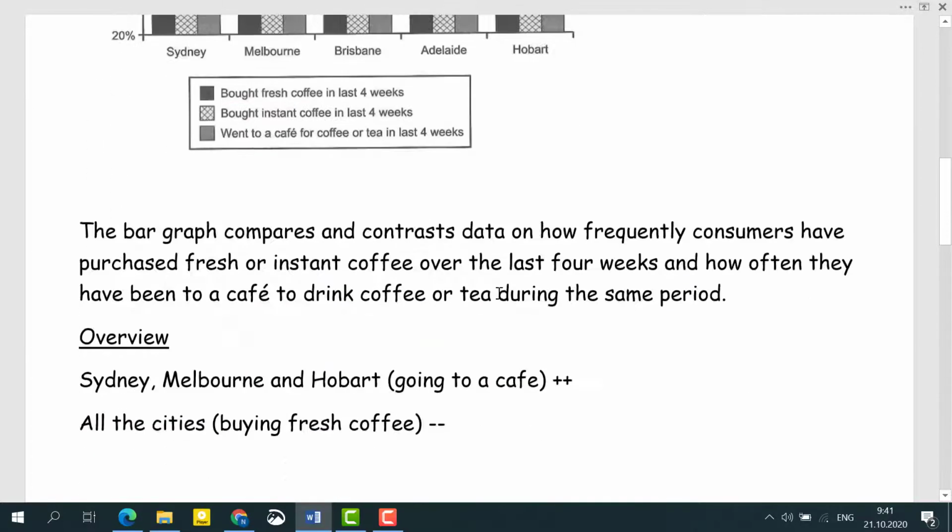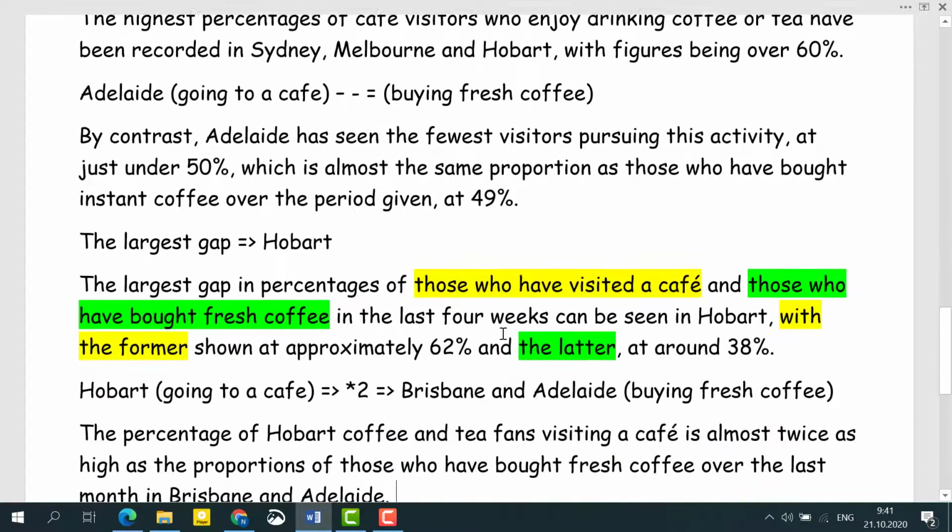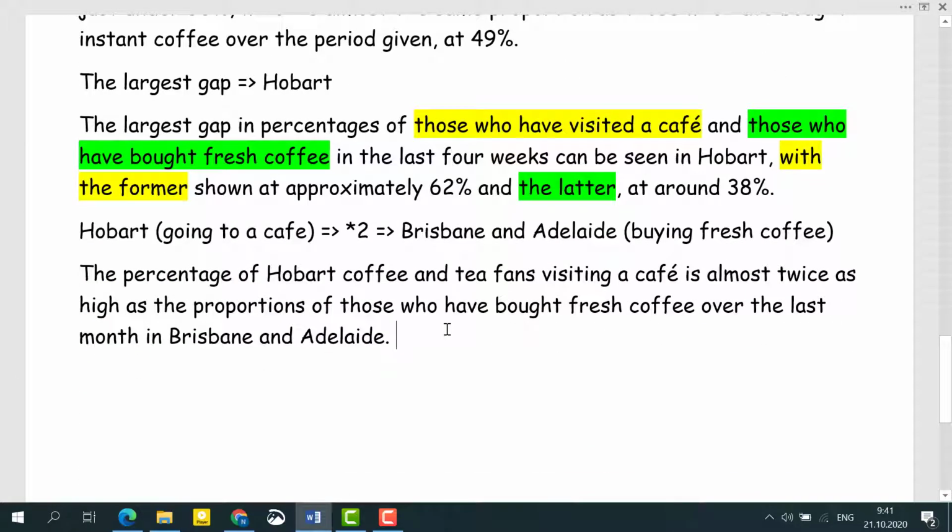So it's kind of like twice as high, okay? And therefore I'm trying to be very specific. I say like it's almost twice as high as the proportions, which means percentages of those who have bought fresh coffee over the last month. Over in this case again means during the last month.